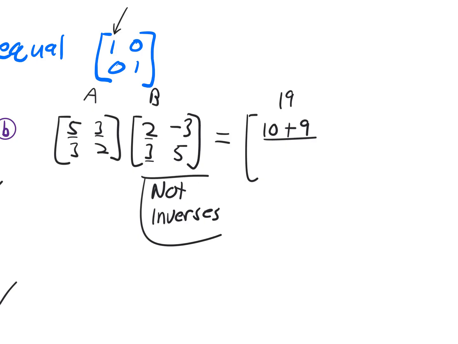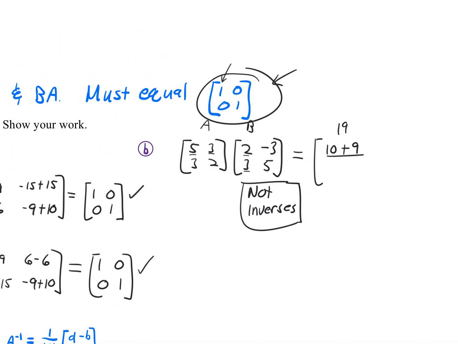So that's just an example of what a non-inverse would look like, right? If you had finished this whole process, you would see that your final answer looks nothing like 1001. So a non-inverse is anything that doesn't give you this as the product. All right, are you okay with that?